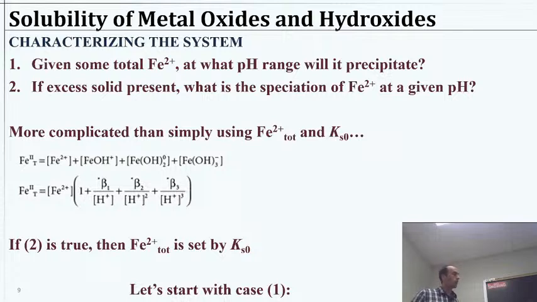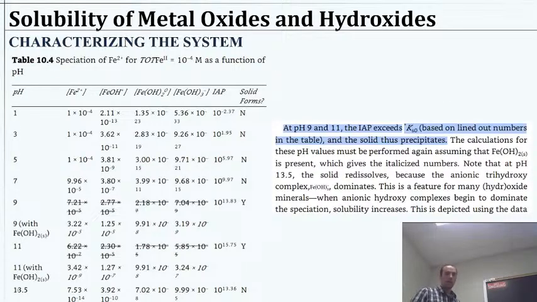So with all of that, we could get a big table, things like this. And all I really want to show is with different pHs, here's all these different iron species, and you can actually make a plot of the ion activity product, calculate that for each of these, and at some point we figure out that the ion activity product is greater than our solubility product.